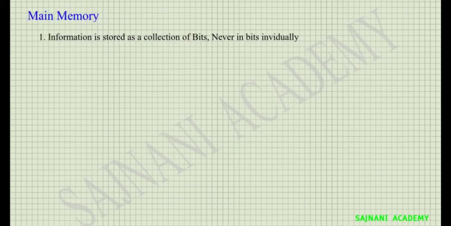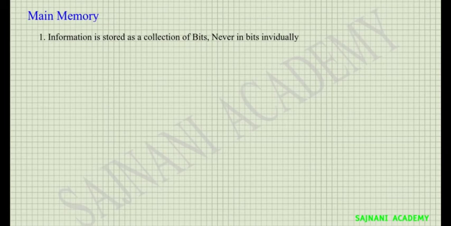If we talk about the main memory, in the main memory the information is stored as a collection of bits, not in the bits individually. This is because the individual bits of the memory cannot be addressed because of a very large number of bits.